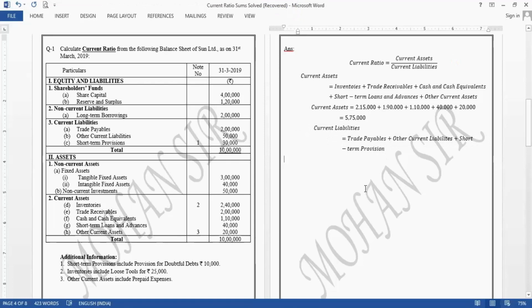After knowing the basic contents of current liabilities, let us now work out on the amounts.